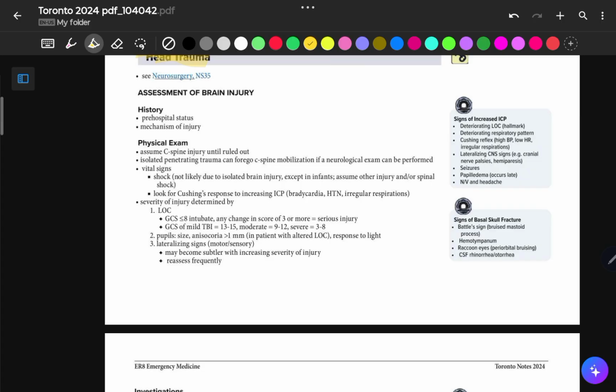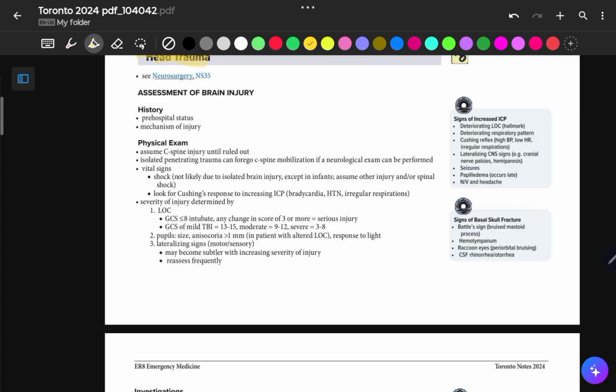So you can anticipate the mechanism of injury. For any head injury, when you do your physical examination, always suspect a C-spine injury and rule that out. You need to isolate any penetrating trauma, and then a neurological exam can be performed.